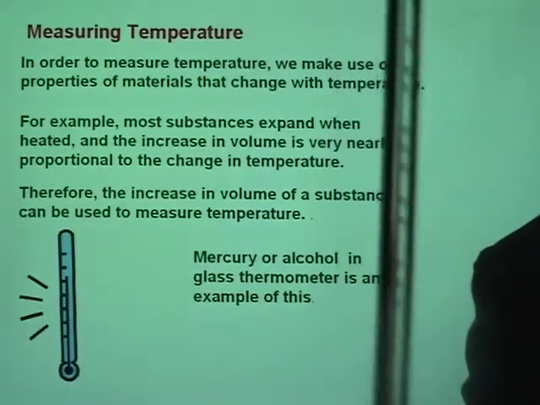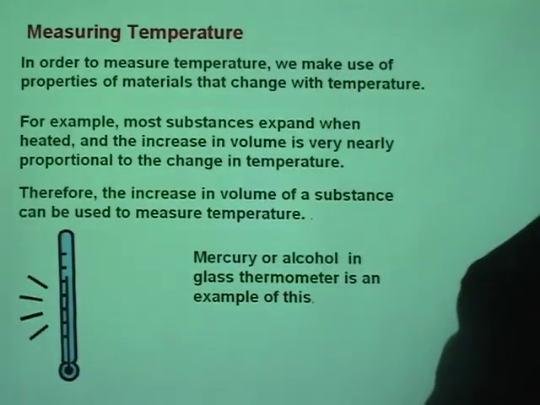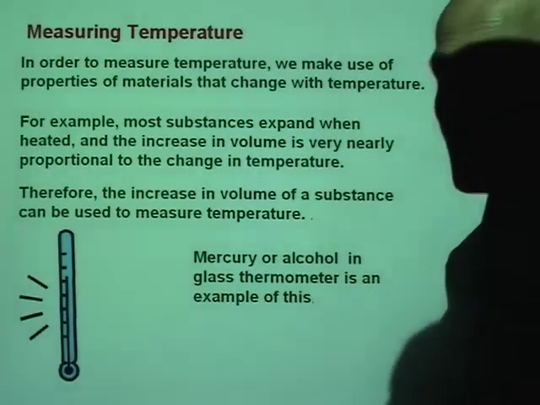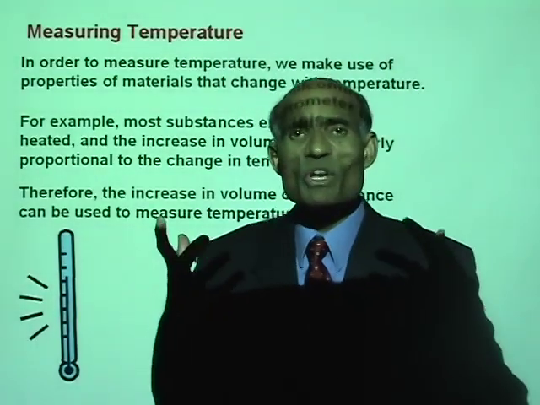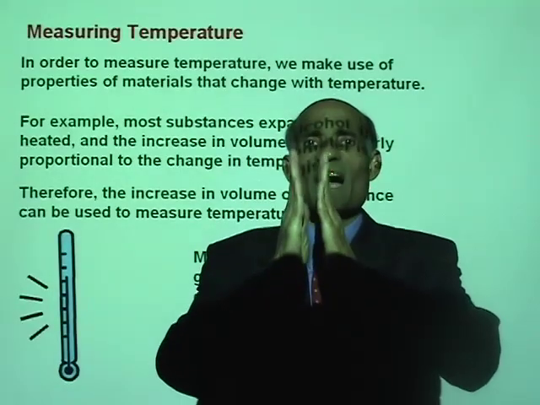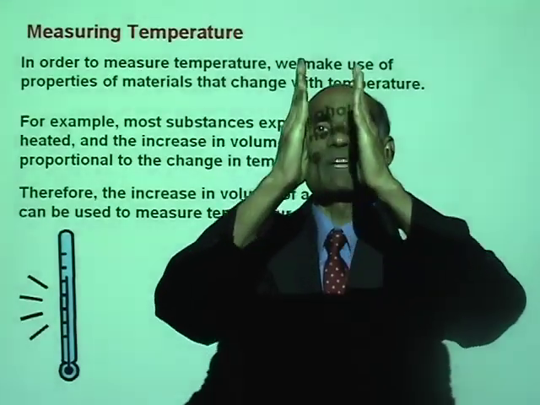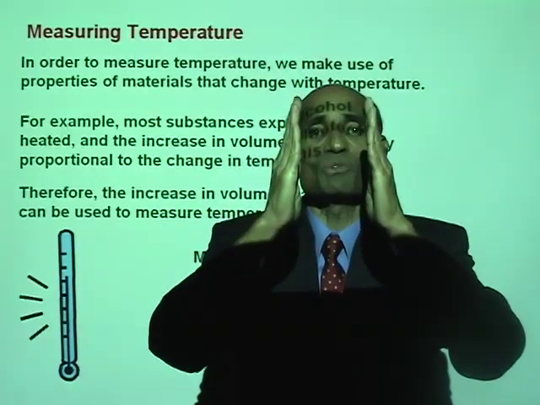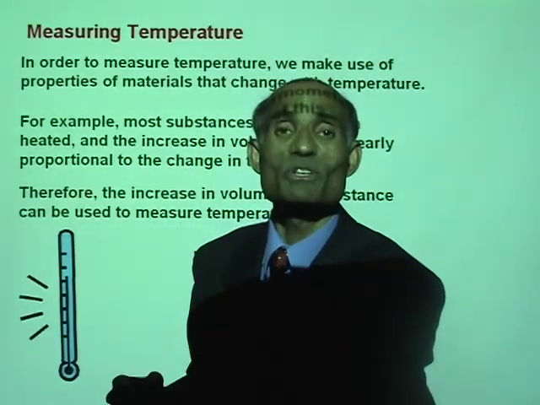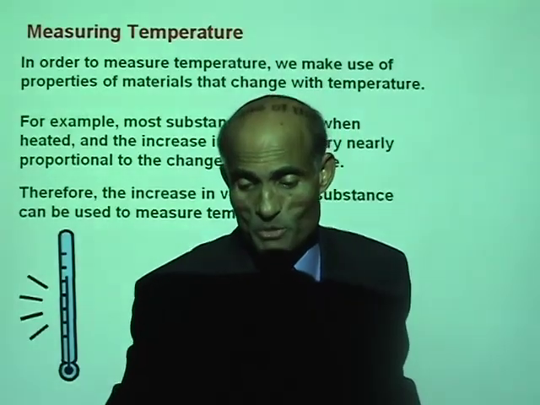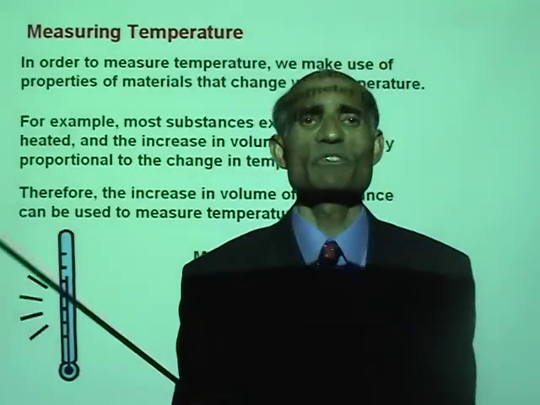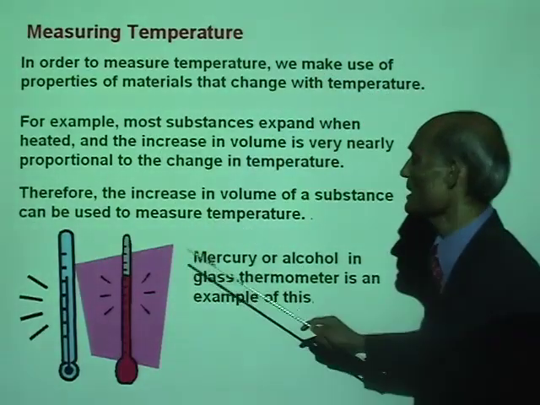Well, the height of the mercury has actually gone up considerably inside the tube. In other words, when you heat the alcohol, its volume increases and it rises uniformly into that small tube. And you can make markings on the thermometer so that you can use it as a thermometer. And that is how a thermometer is actually made.